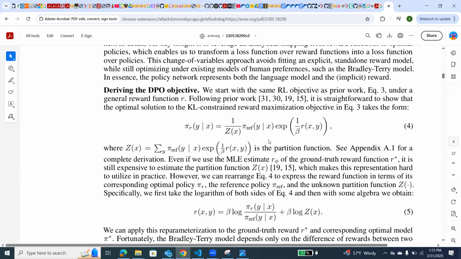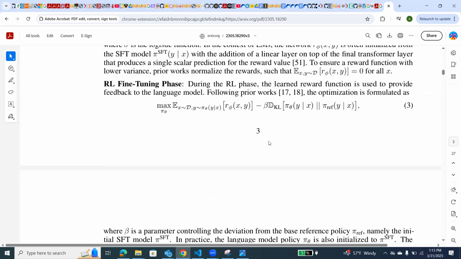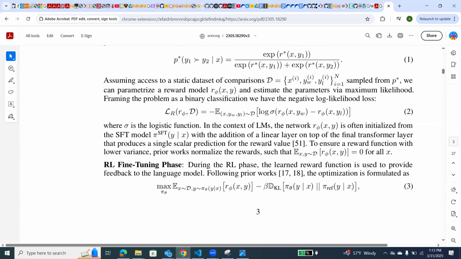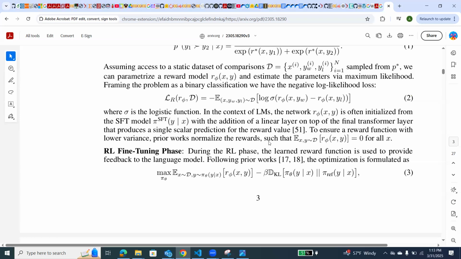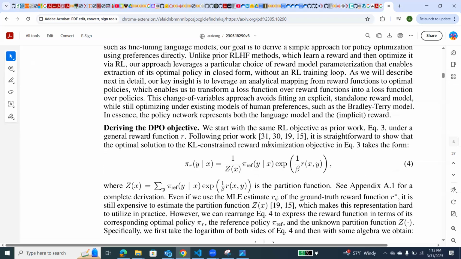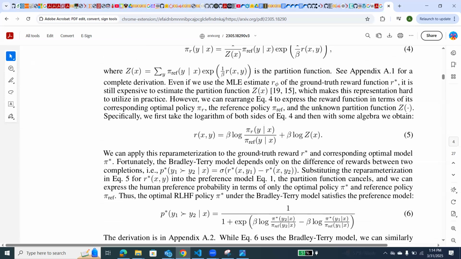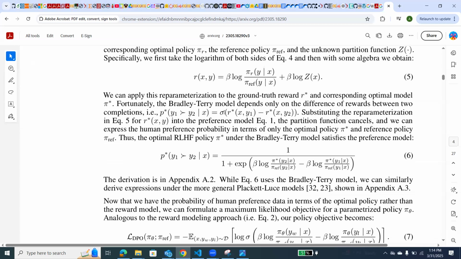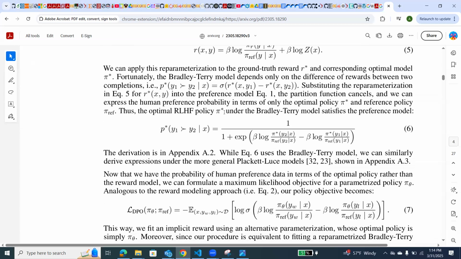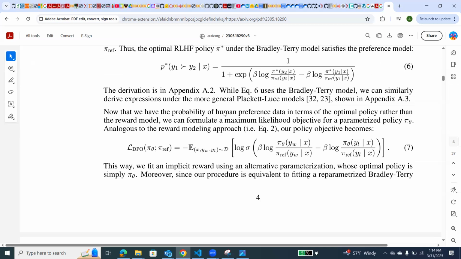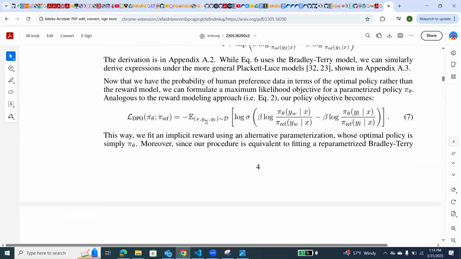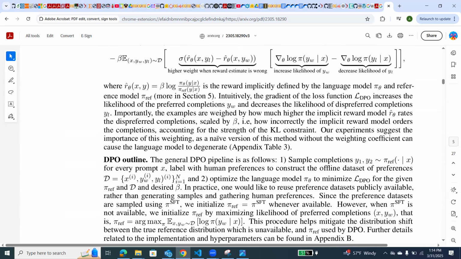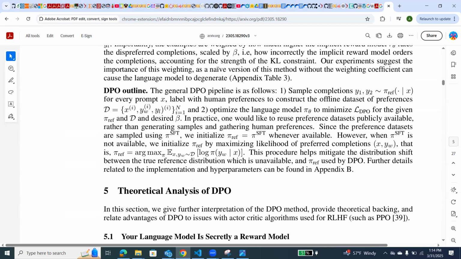And if we substitute this in our formula, I hope you remember this formula from PPO, then it's the final formula.